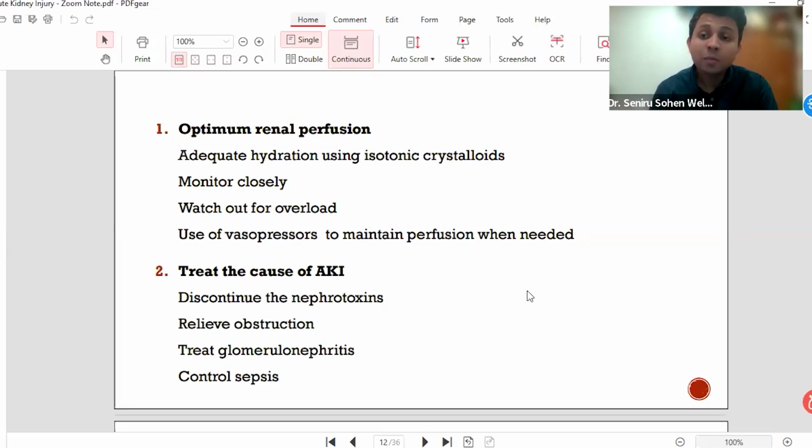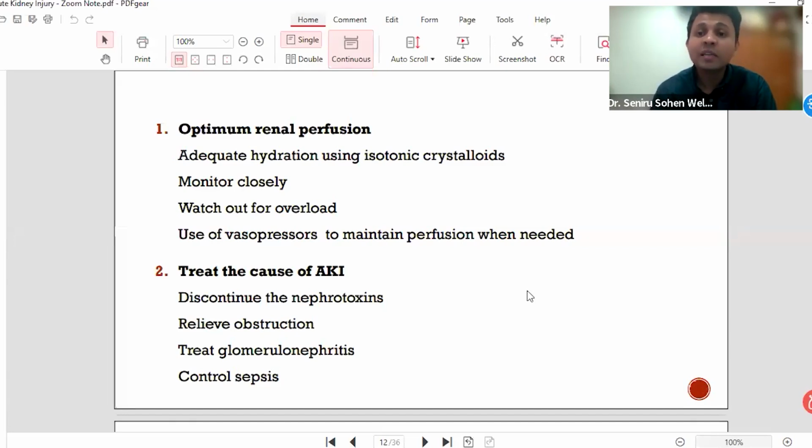So if you are definitely hypovolemic, you can try infusing isotonic crystalloid. The isotonic crystalloid that we commonly use here is normal saline. So if you have a definite volume depletion, you can give about 1 to 2 liters of normal saline to see whether the patient is fluid responsive.